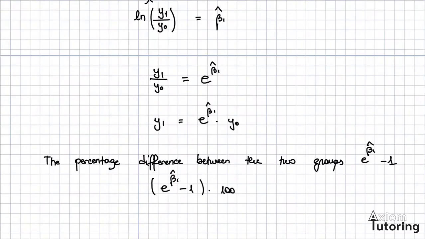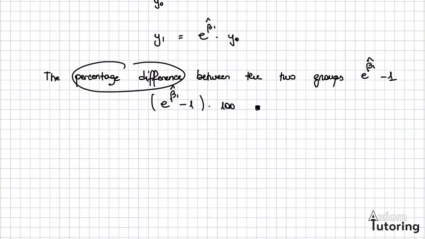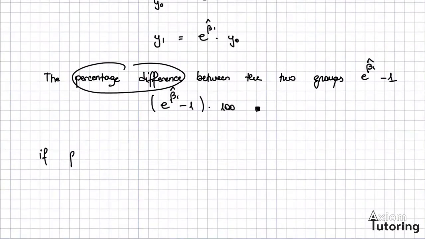So in a log model with a dummy variable, the coefficient represents the percentage difference between the two groups. And obviously the exact formula should be this one. However, we have learned that if beta 1 hat is small, we can also make the approximation and just take beta 1 as is and multiply it by 100.